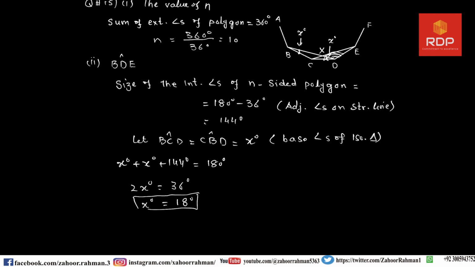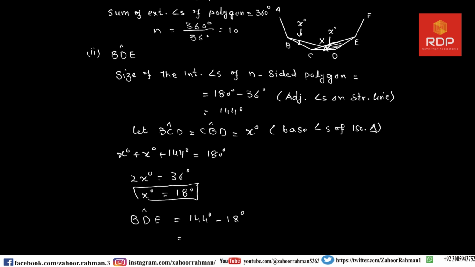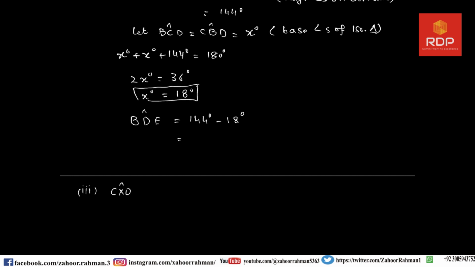So we will find BDE is equal to 144 degree minus 18 degree, and that will be equal to 126 degree.